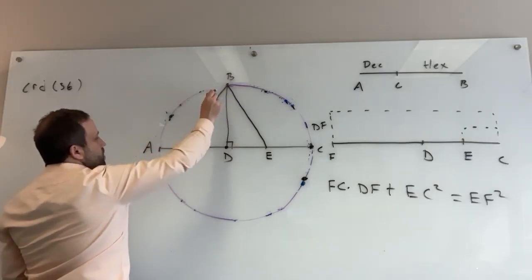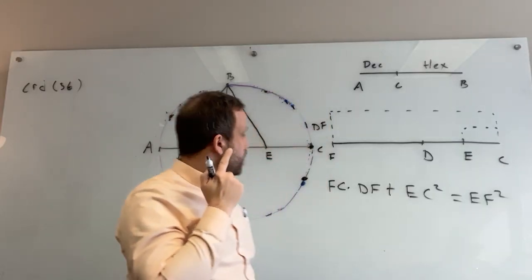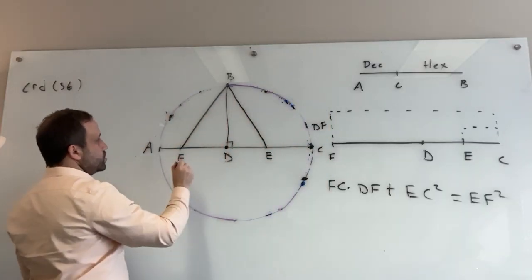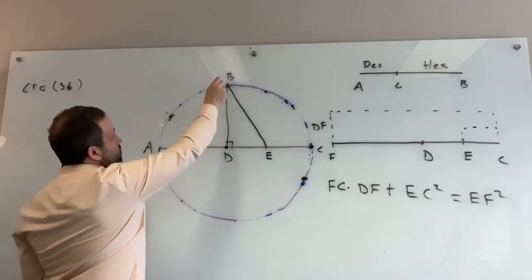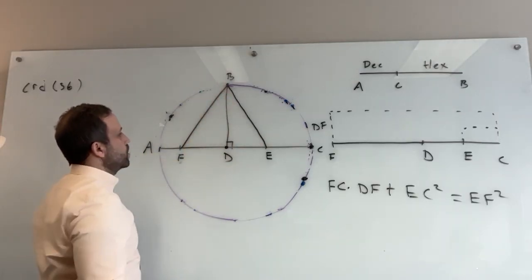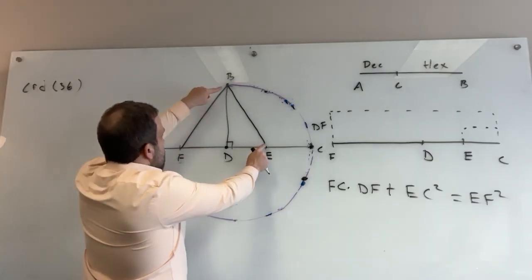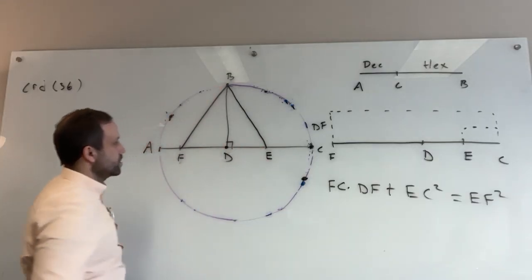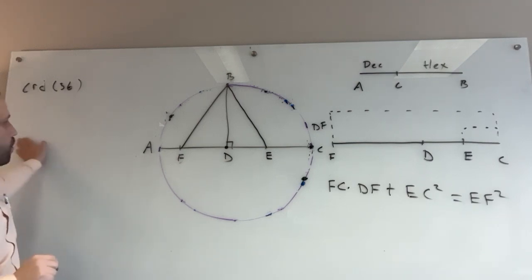So we choose F so that the distance from E to F is equal to the distance from E to B. In other words, we take this and put it there, and that's what F is going to be. Whatever that length is there, that's what that length is going to be here. So what are we going to do next?